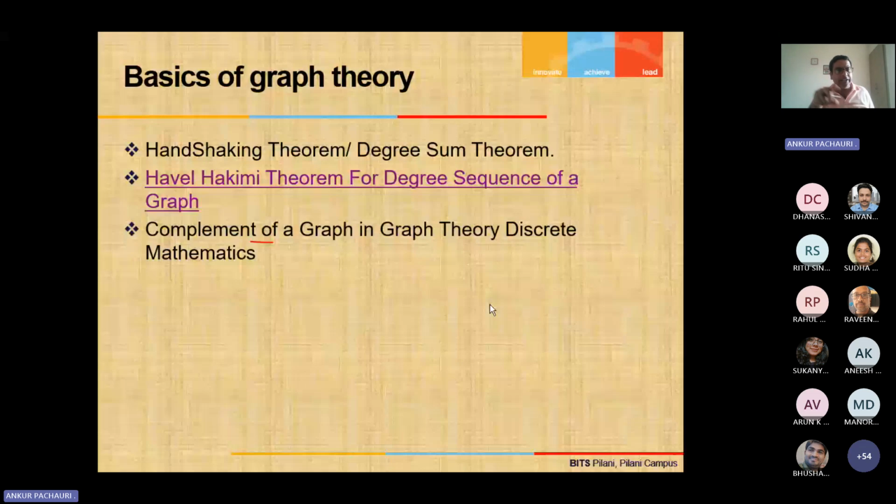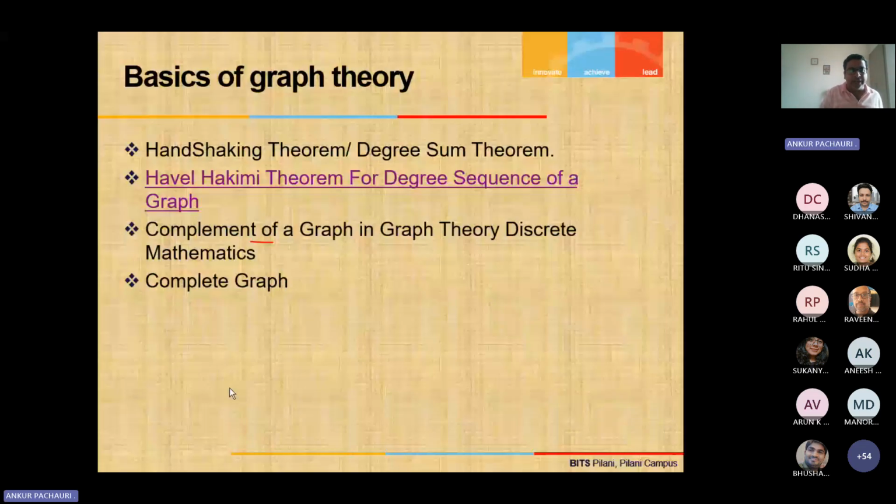And if there is no edge between two nodes in the current graph, then its complement will have an edge. So a graph and its complement merge together to create a complete graph. A graph is said to be complete if every node is connected to every other node of the graph.